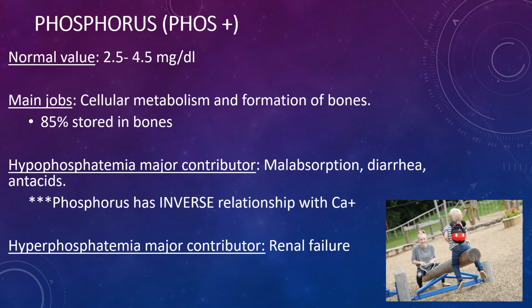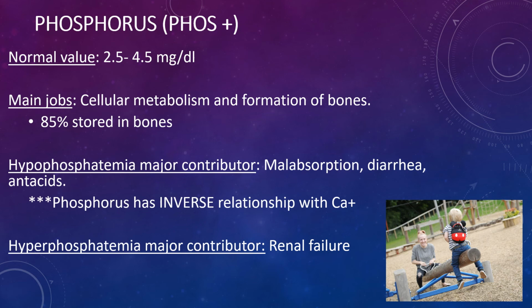Then phosphorus. Phosphorus normally runs 2.5 to 4.5. Main jobs of phosphorus, it plays a big role in cellular metabolism and formation of bones. 85% of it, in fact, is stored in the bones. So low phosphate or phosphorus, contributors, malabsorption syndrome.